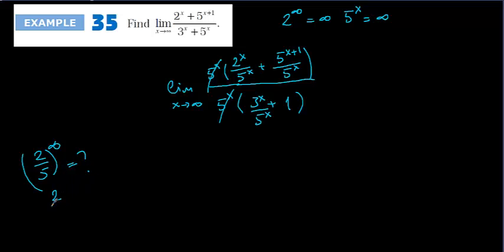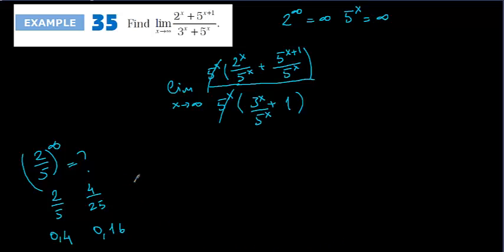What I mean is, 2 over 5 is 0.4. The square of this number is 4 over 25, which is equal to 0.16, which is smaller, and getting closer to 0.